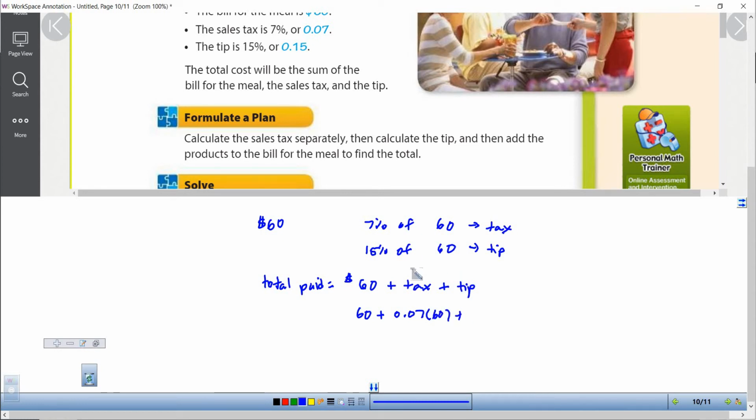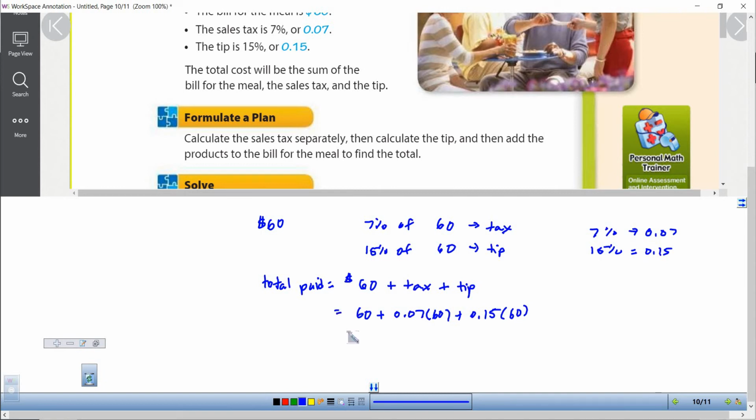And then 15% of 60 is going to be 0.15, because remember, you take a percent and you change it to a decimal. So 7% as a decimal is 0.07, and 15% as a decimal is 0.15.